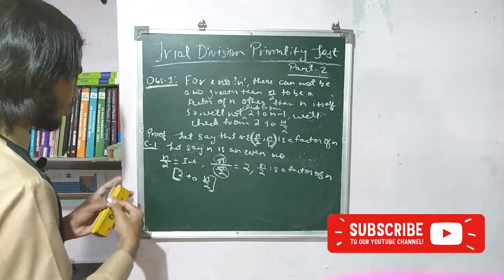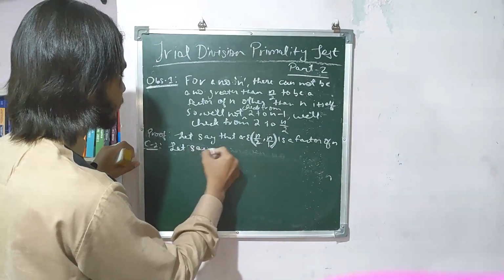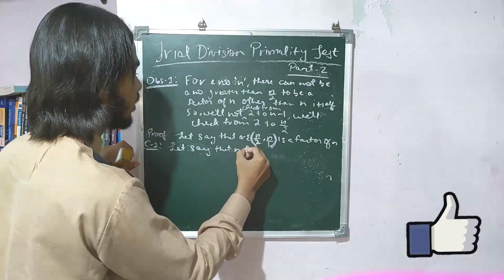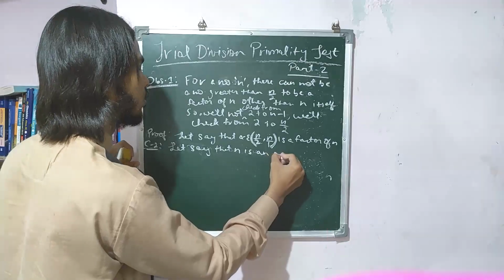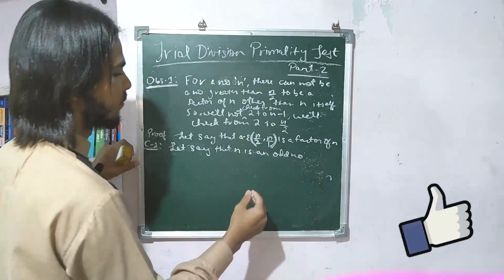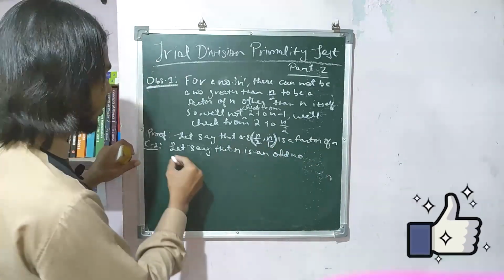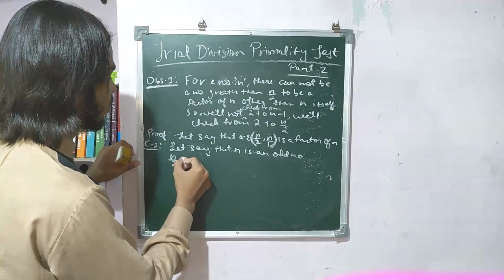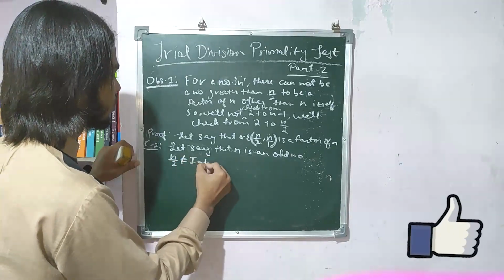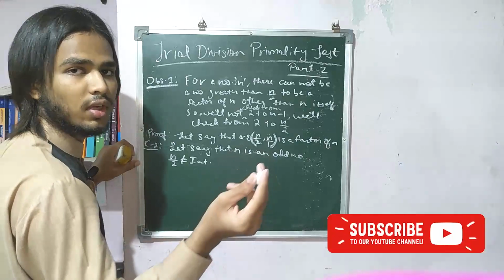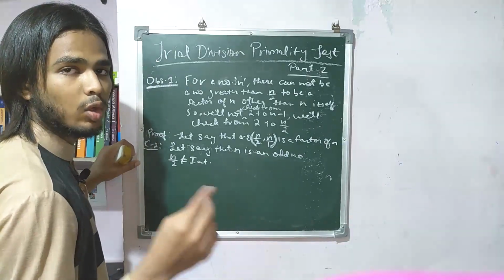Now case number 2, let's say that n is an odd number. So that means n by 2 does not belong to integers, because you can take some example. 15 divided by 2 is 7.5.